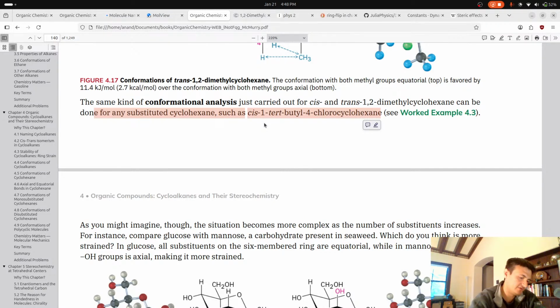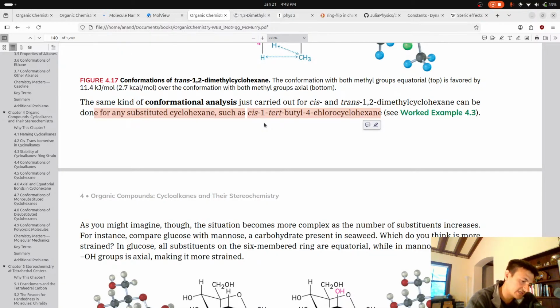So if we do this cyclohexane thing, let's make this 1, 2, 3, 4. Let's just do the axial drawing. So this is going to be C(CH3)3.